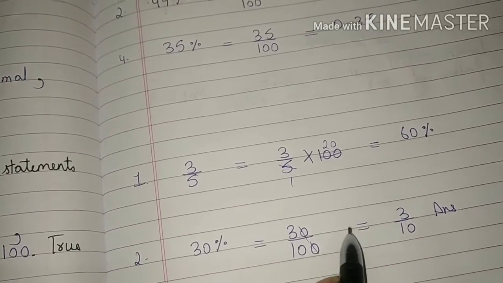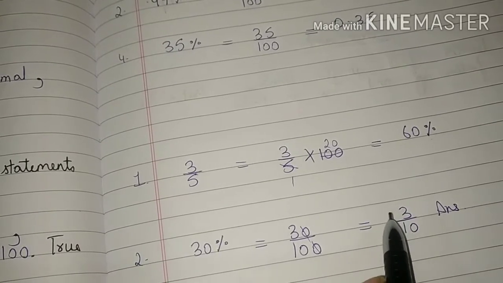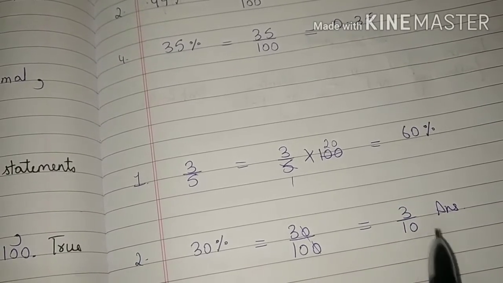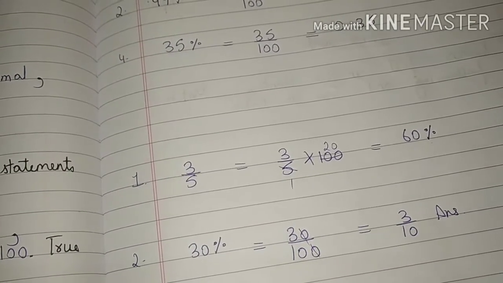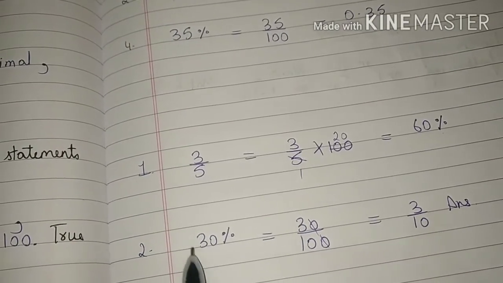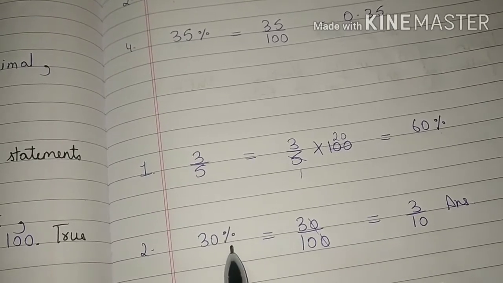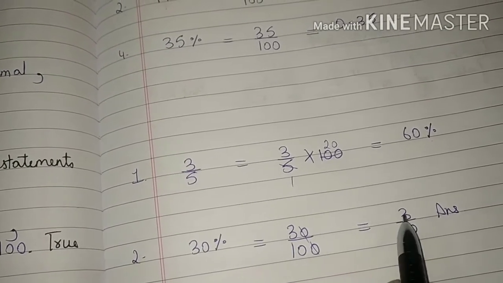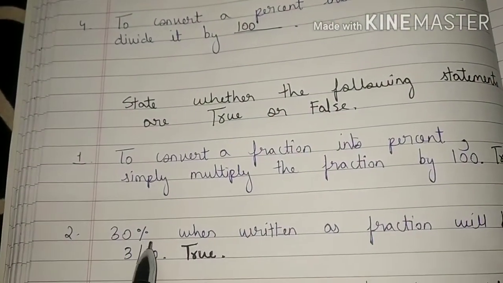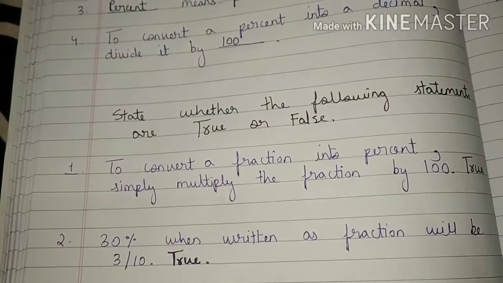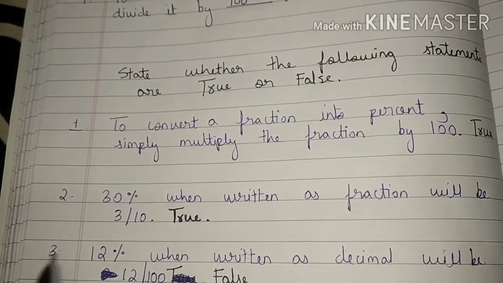So your answer is 3 by 10. Students, this is your answer. So from this point of view, we can say that 30% when written as fraction will be 3 by 10. According to this, the statement is true. Now come to question 3.